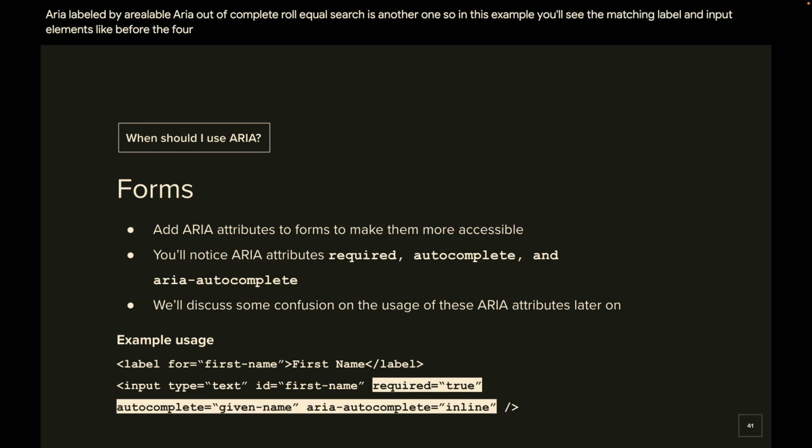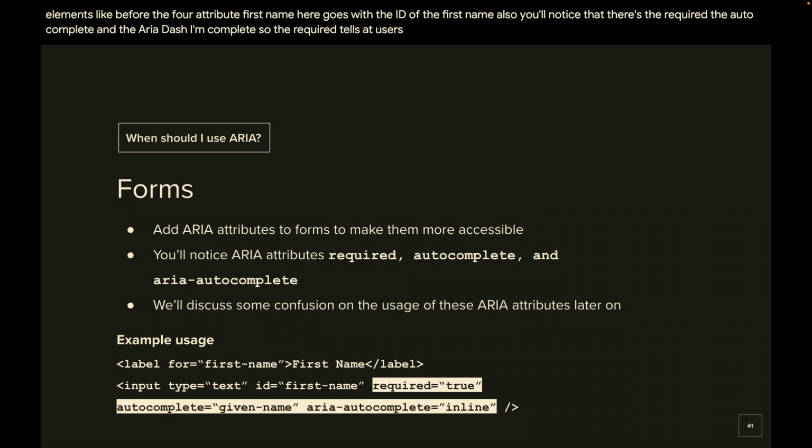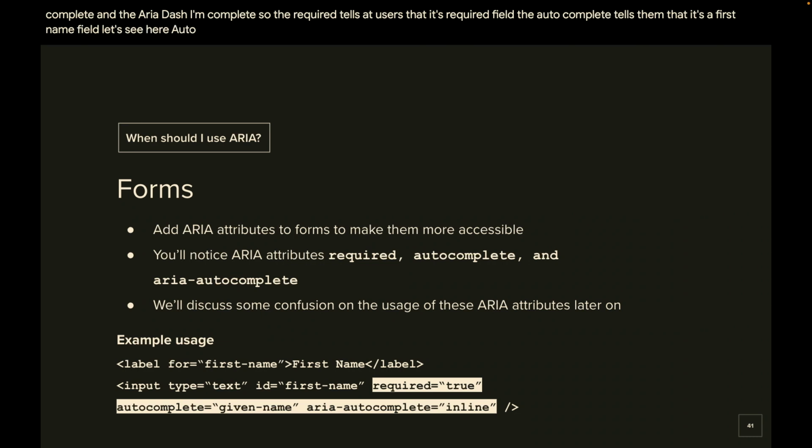The for attribute first name here goes with the ID of the first name. Also, you'll notice that there's the required, the autocomplete, and the ARIA autocomplete. The required tells AT users that it's a required field. The autocomplete tells them that it's a first name field, autocomplete equals given name. And the ARIA autocomplete tells users that it's an inline field.